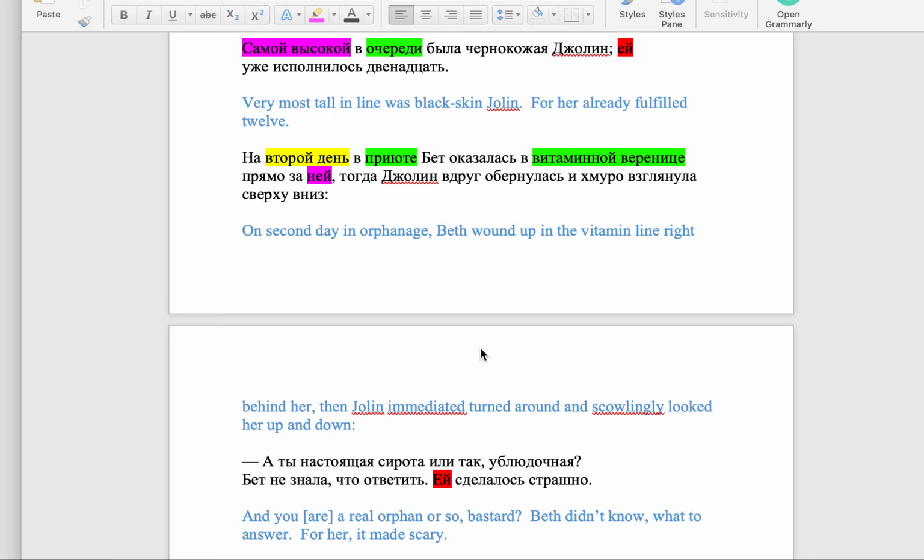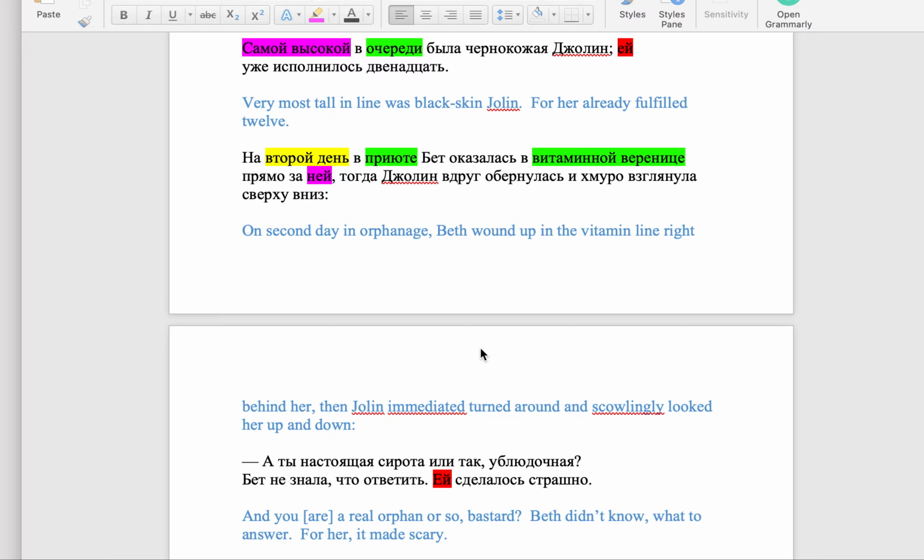So most often when we use time constructions, then it's actually in the accusative case. So here, that's actually the accusative case. Приюте, now that is definitely the prepositional case because we're talking about location. Where did it happen? In the orphanage. Бет оказалась, she turned out or wound up in, shall we say, the vitamin line.